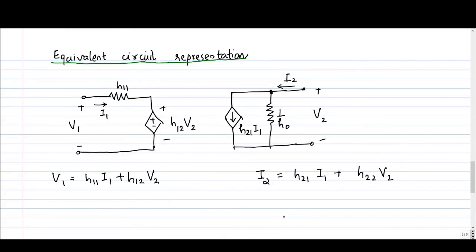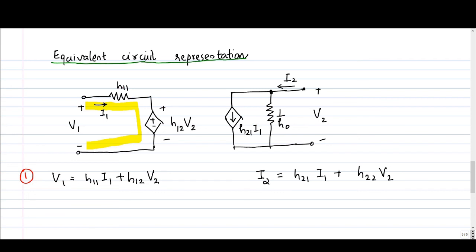Now we can represent these two equations in terms of an equivalent circuit. Let us consider the first equation, V1 is equal to H11 I1 plus H12 V2. Look at this circuit which I have shown here. If I apply KVL, source voltage V1 is equal to drop across H11.